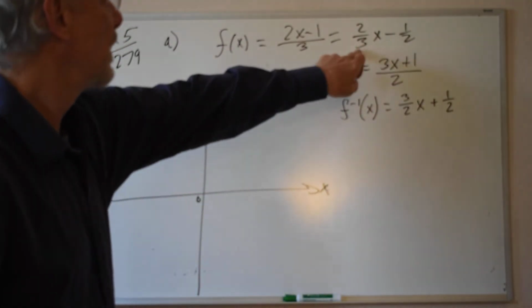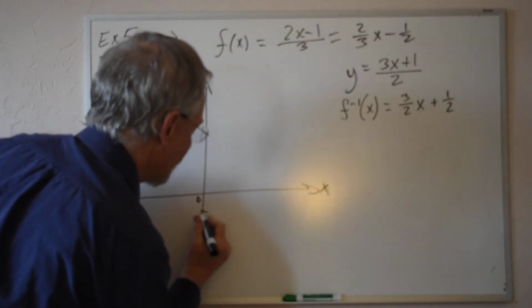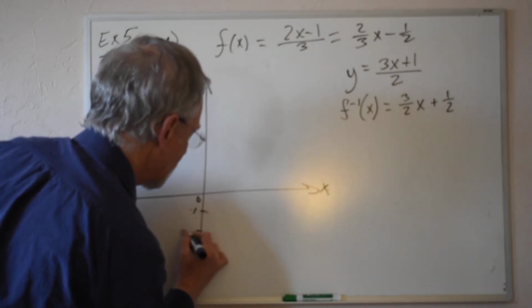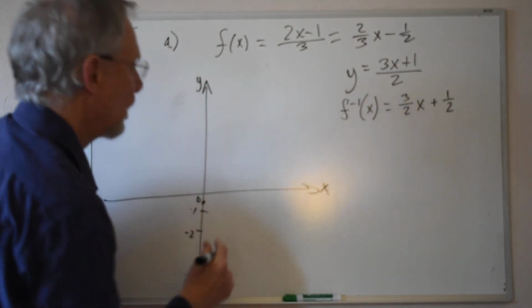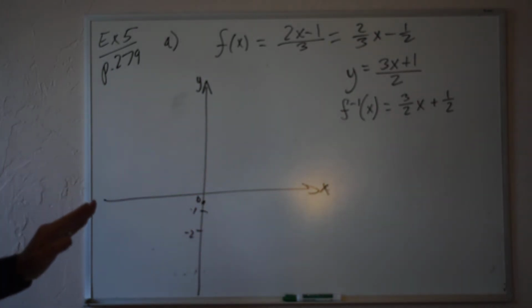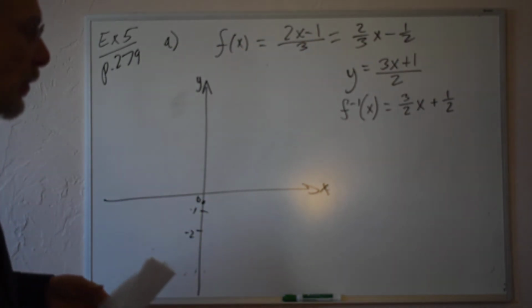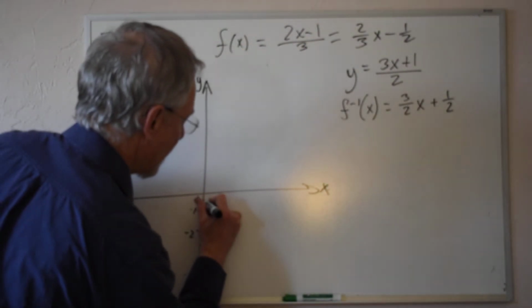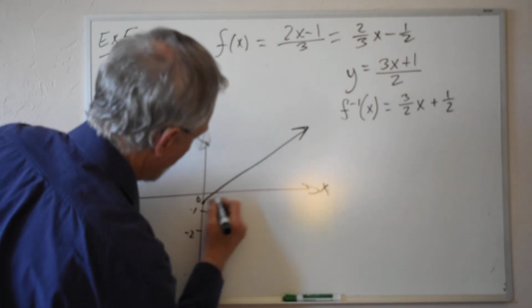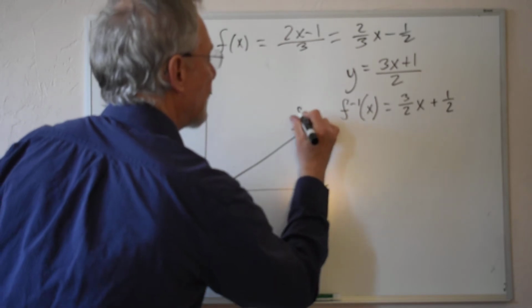Now I see it's a line that goes through minus 1/2 on the y-axis. That's the y-intercept. The slope is 2/3. Now 45-degree angle going straight up is slope 1. So this is a little flatter than a 45-degree angle. So here's f of x.